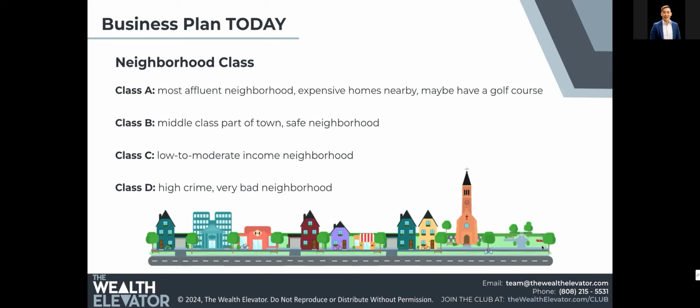Class C, now you're starting to get into places that I think not a lot of you would even want to be spending too much time in, even in the daytime. Low to moderate income levels, I would say definitely 20-30% lower than the median income for the MSA is in here. And then Class D, nobody really talks about Class D too much. If it's Class D, you might as well call it Class F or war zone areas.